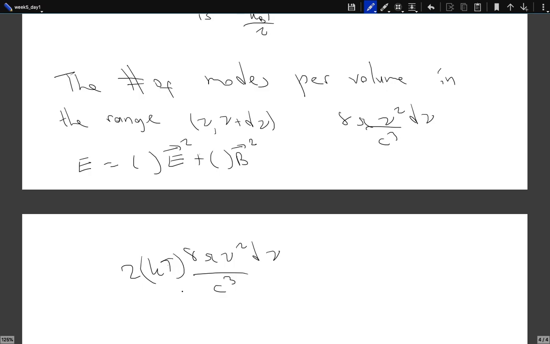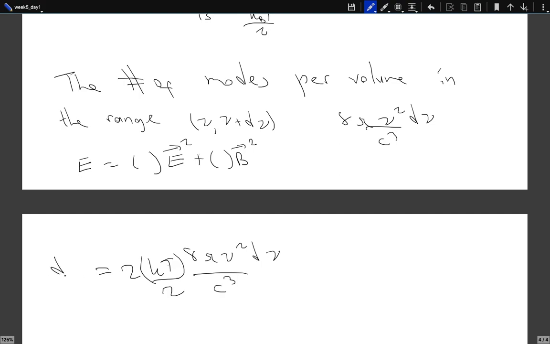But I know that this is the total number, and for each one of them, I have 2 degrees of freedom. I have this many modes. For each mode, I have 2 degrees of freedom, and the average energy of every degree of freedom should be kT over 2 by the equipartition theorem of classical physics.